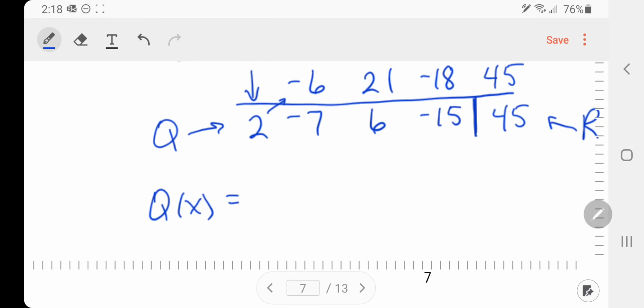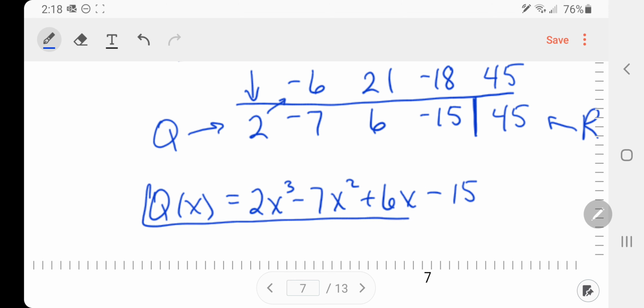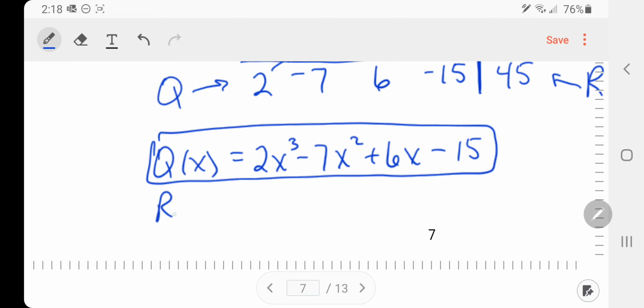And so the quotient, this is going to start off 2x to the 3rd. That's always going to be 1 degree less than the dividend. And then it keeps going. Minus 7x squared plus 6x minus 15 is the quotient. And the remainder in function notation is 45.